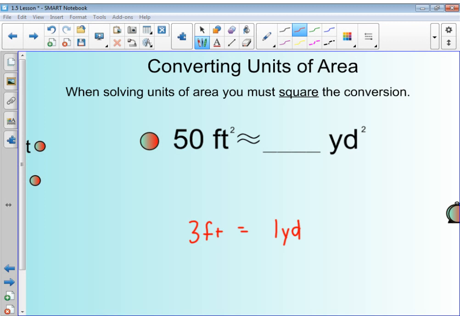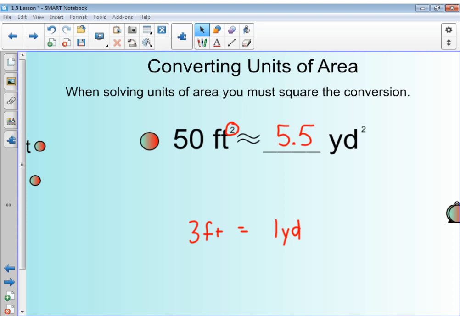So you're going to go ahead and work, because you're working squared, your way through this one, setting up your new units and setting it up as a proportion. Go ahead and pause your video and work your way through that. Okay, when you work through this, you should have gotten approximately 5.5 yards squared.